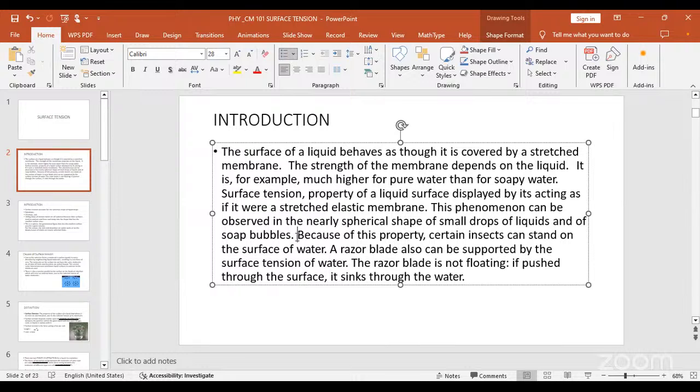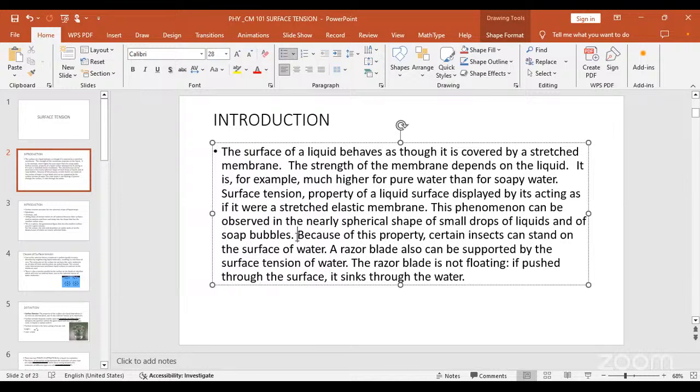The substances I'm making example of are lightweight. The emphasis I'm making is that the weight of the insect or object on the surface of the water is not greater than the surface tension.